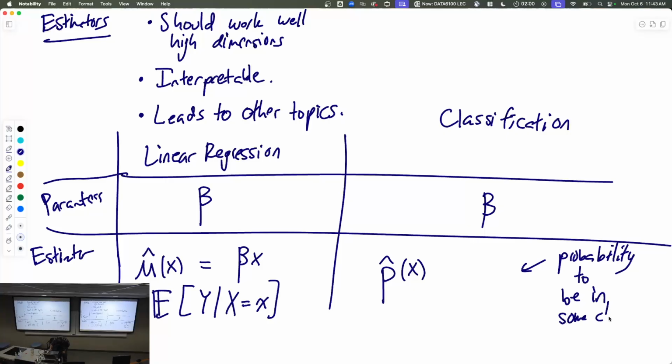And to keep things simple, I'm going to do binary classification. So I'm going to pretend there's only 2 classes. Of course, we just saw an example where there were 10 classes in the MNIST, but we're going to start with binary and work our way up. So p hat of x is going to be our estimate. This is going to be the probability that you are in class 1.